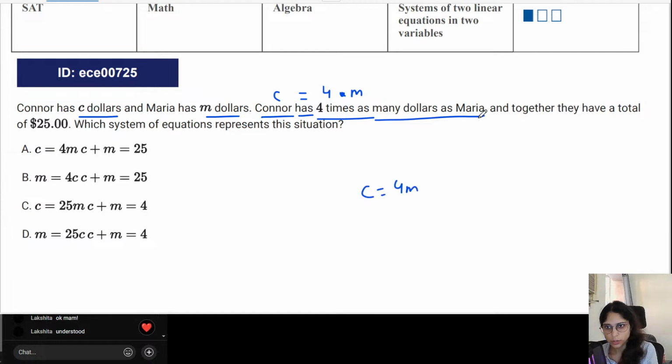And together they have a total of $25. So together means C plus M. C plus M is equal to 25. And C is 4M. So option A. Next is 42.